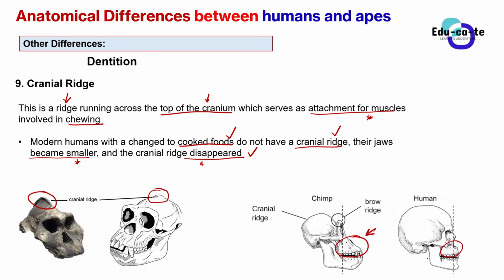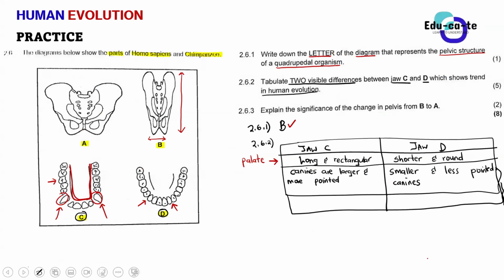But when you are looking at it from the view of the mouth, you would talk about the palate shape rather than the jaw itself, and say that the palate is longer and rectangular. So it satisfies one point then.